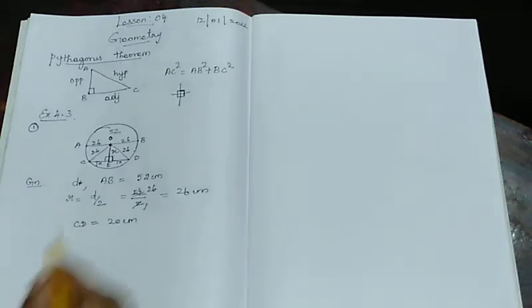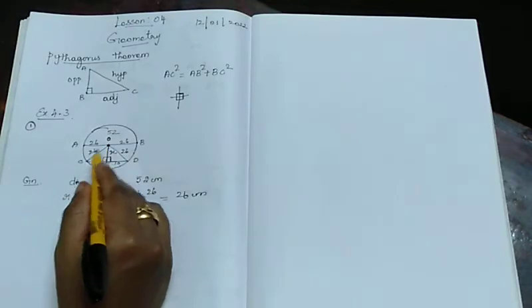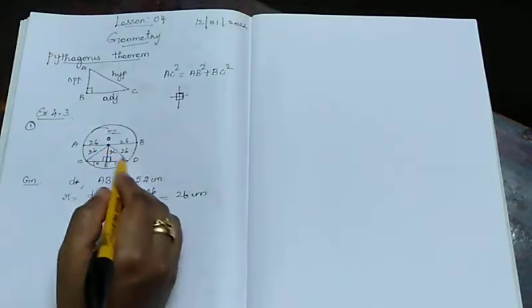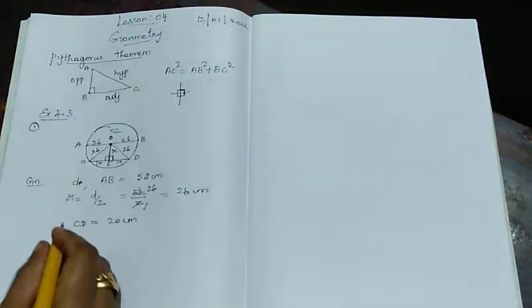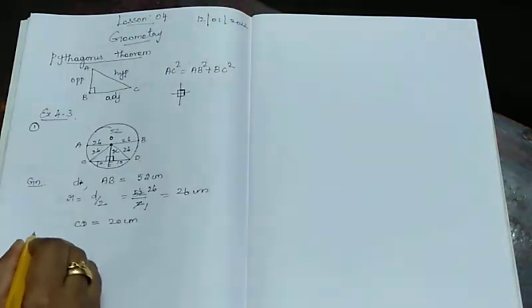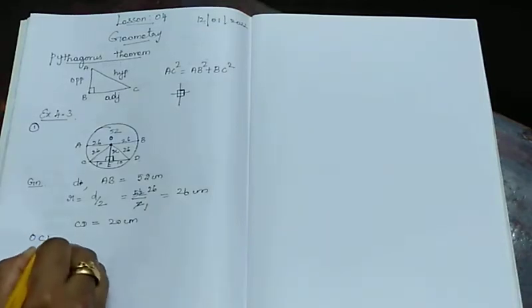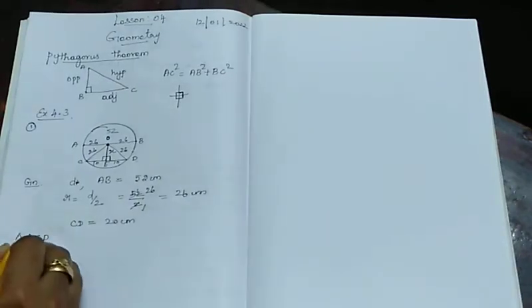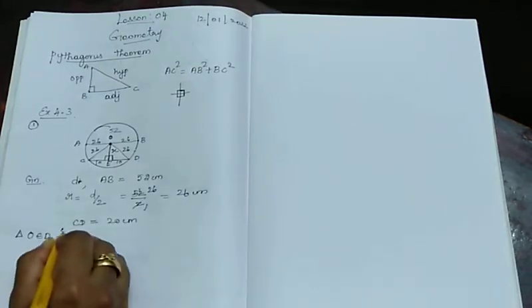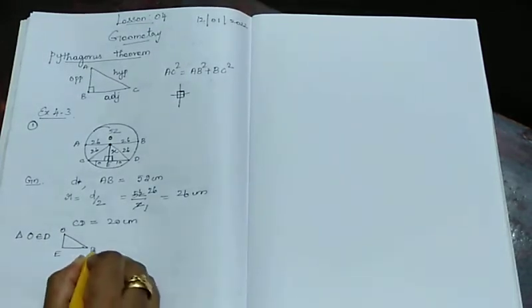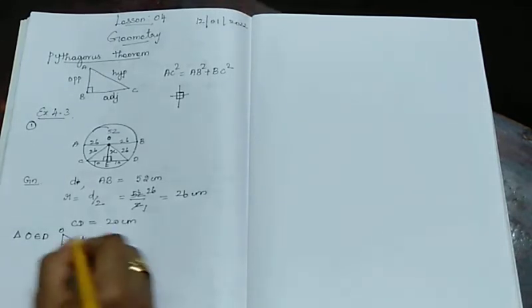How do we find it? The whole triangle is divided into two triangles. Consider any one of the triangles. Let's take the triangle O, E and D, with sides 10, 26 and x.